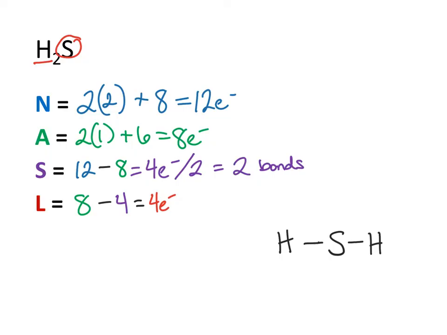However, sulfur, which has those same bonds connected to it, only has 4 electrons shared with it at this moment. Sulfur, unlike hydrogen, requires 8 electrons to be considered full and stable. So I need to add my lone electrons to sulfur in order for this to be a complete and finished diagram.